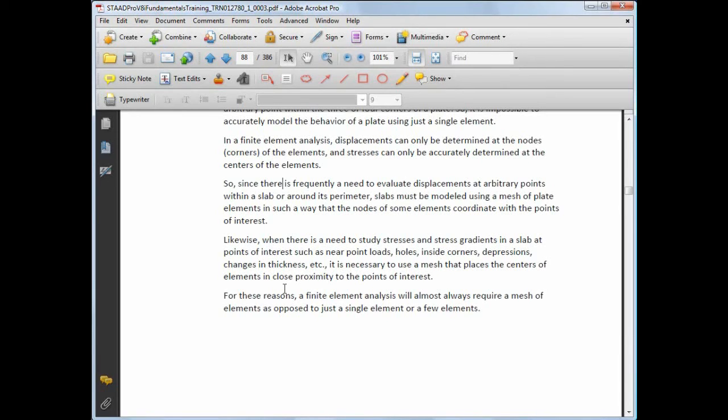So it's impossible to accurately predict the behavior of a structure using just a single plate. Our solution to that is to describe that floor plate with a mesh of nodes and be able to pick up these stresses and deflections at all of those intermediate locations and centers of plate elements.